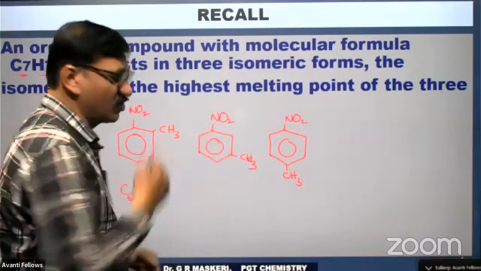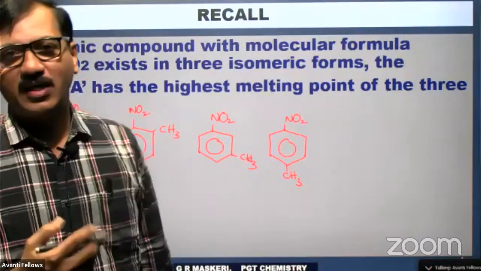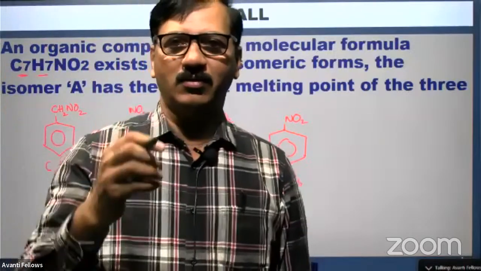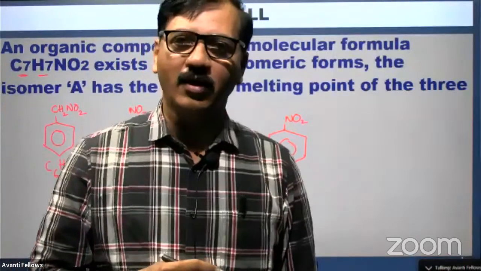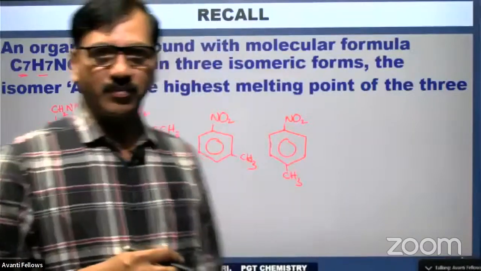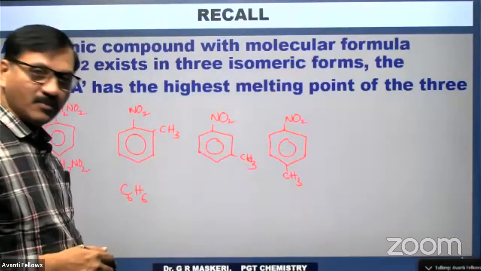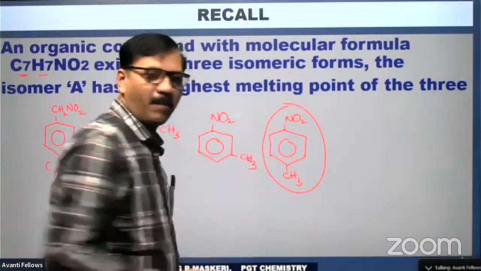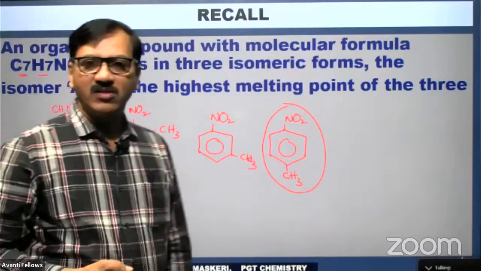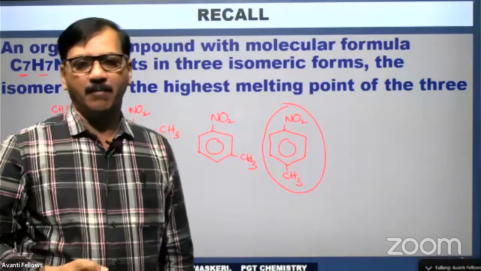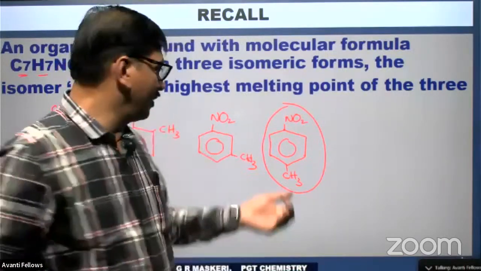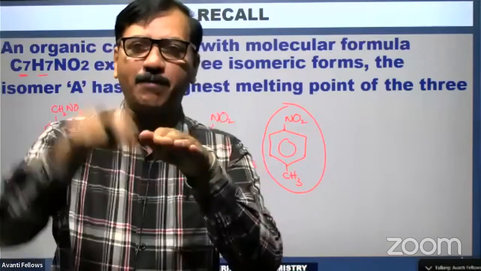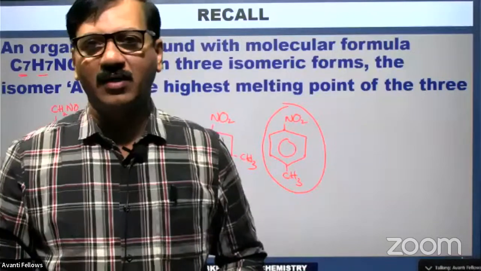But among these, which isomer has the highest melting point? See, a small, simple observation of a physical property is also asked in this form. It is a physical property. And you know that the para isomer has a higher melting point. Because whenever the substituent is at the para position, it is symmetrical and stacking of the compounds one over the other is possible easily.